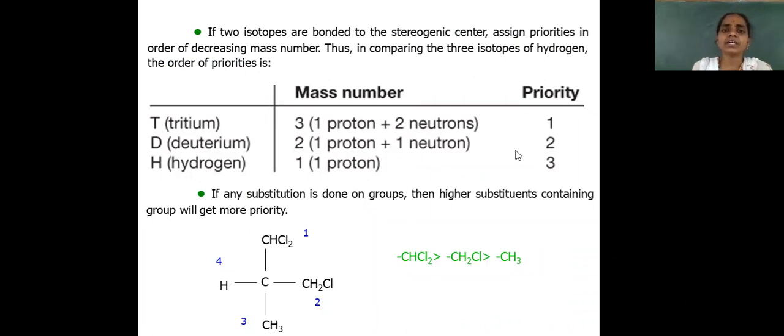If a given compound has two or more isotopes, the best example is hydrogen and deuterium. Deuterium gets higher priority than hydrogen. If it contains tritium and deuterium, then tritium gets higher priority than deuterium. That is the second priority.